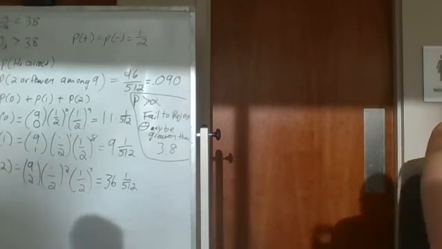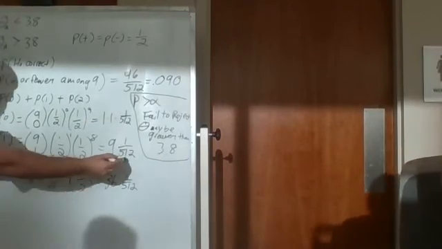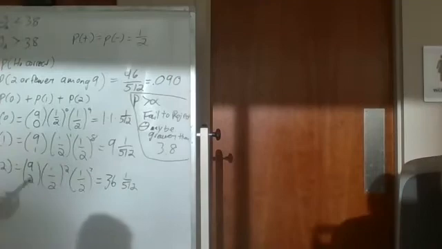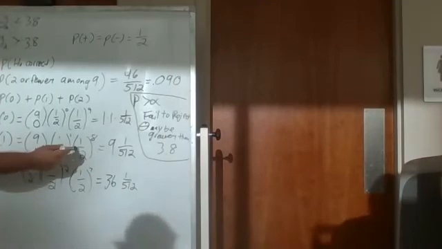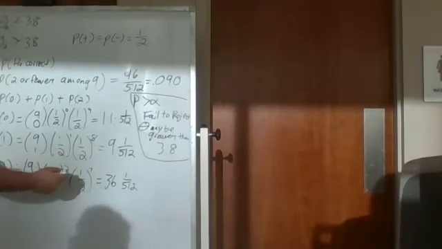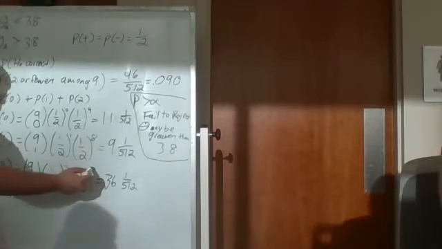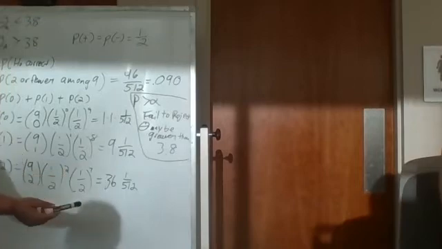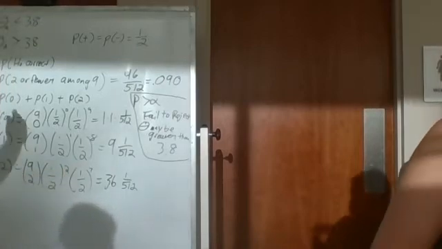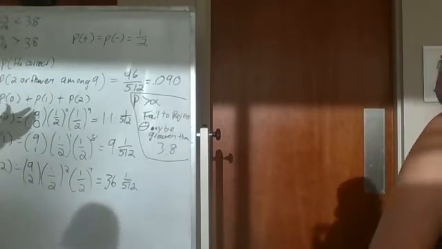Right. And so the reason I just wrote 1 over 512 for both of these is because these multiplied against each other, no matter if it's 1/2 to the 3rd times 1/2 to the 6th, it's always going to be 1/2 to the 9 technically. Oh, okay.